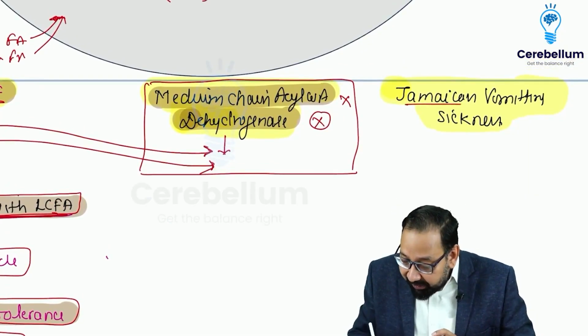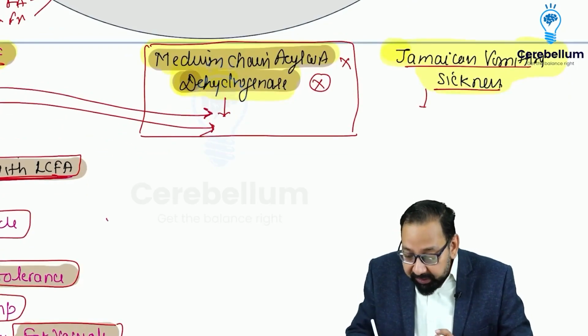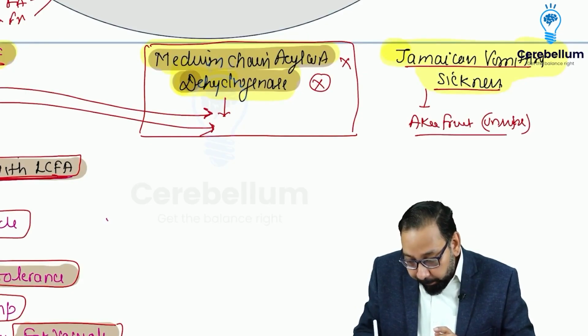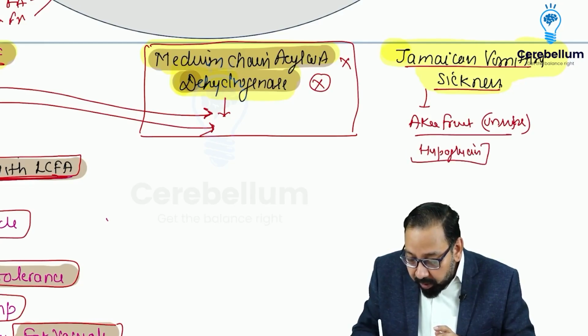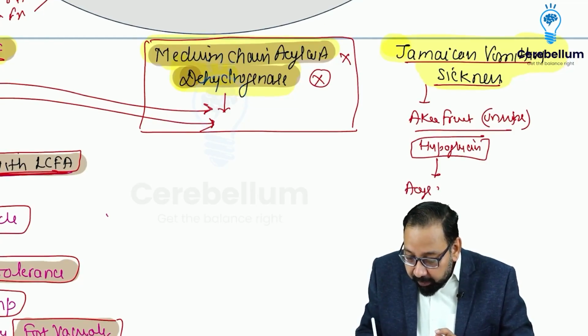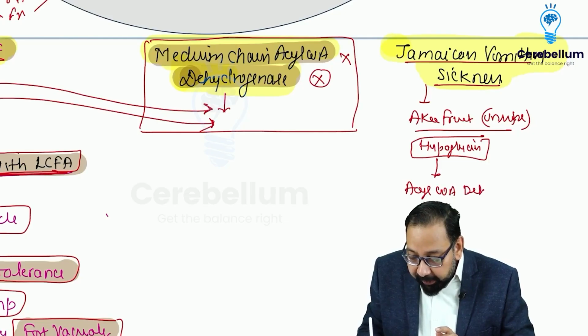Jamaican vomiting sickness. In Jamaican vomiting sickness, the unripe ackee fruit contains a compound, hypoglycin. This compound hypoglycin inhibits acyl coenzyme A dehydrogenase, meaning beta oxidation.